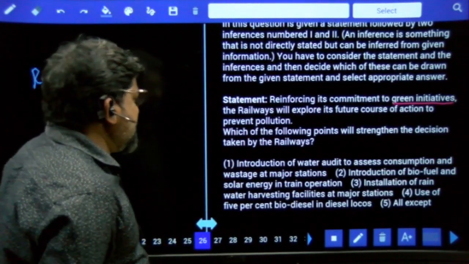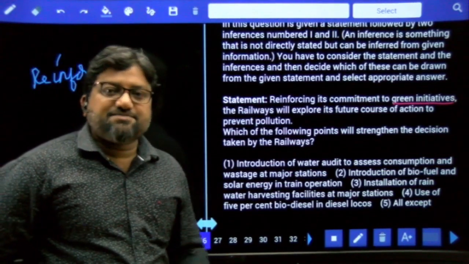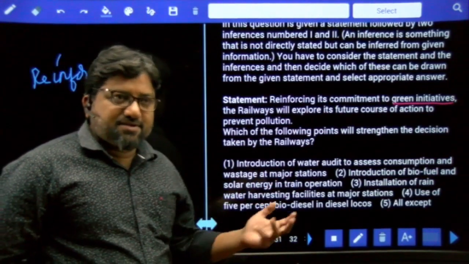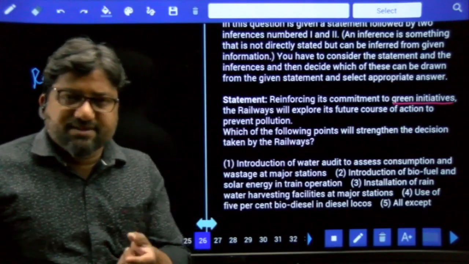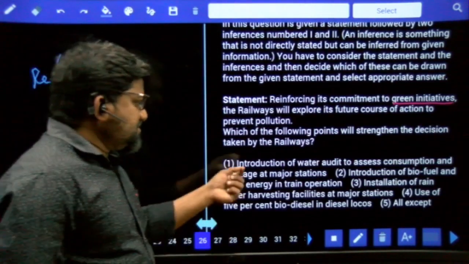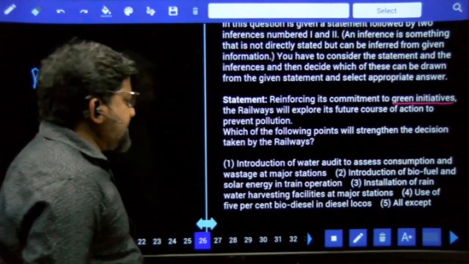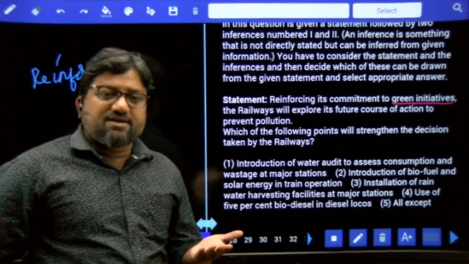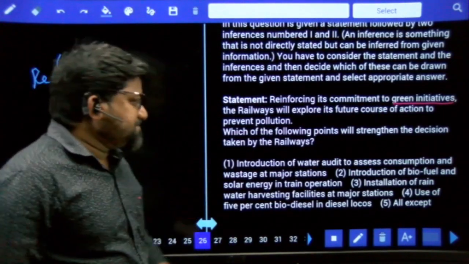Introduction of biofuel and solar energy in train operation. Yes, solar energy, so it will reduce the power which they have been using from other sources. So solar energy is always a good initiative to protect the environment. So this is also strengthening. Installation of rainwater harvesting facility at major stations. Yes, this will increase the groundwater levels. This is also supporting the course taken by the railways.